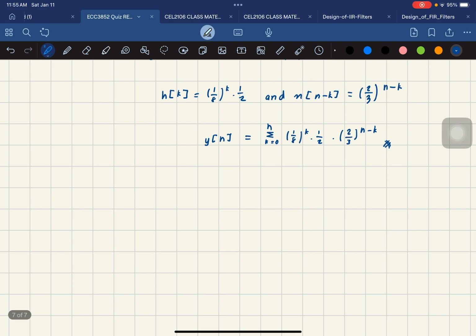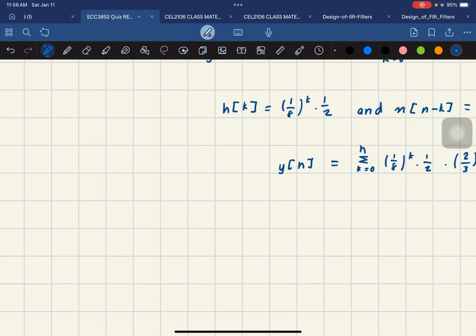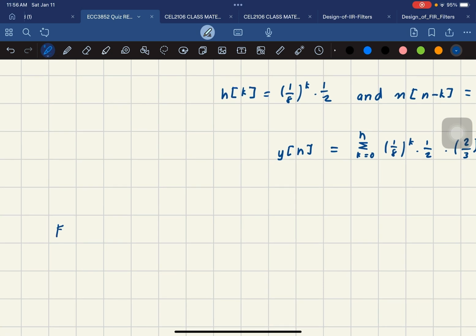So we will move to the frequency domain.